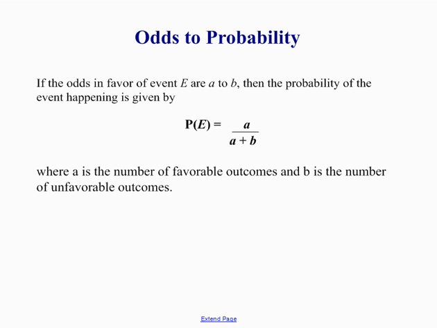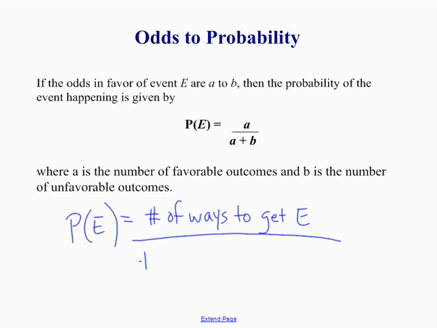Now, this formula is the exact same formula we've used for probability up until this point. We've talked about probability of an event happening as the number of ways to get the event to happen over the total number of possible outcomes.